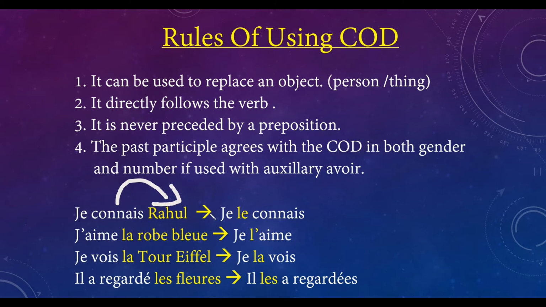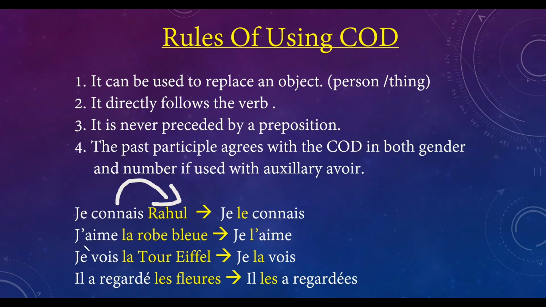Rahul is a person, and we used the COD for masculine singular to replace Rahul. It directly follows the verb. There is no preposition here anywhere you can see. It is never preceded by a preposition. Again, I'm stressing the same thing. You will never see a preposition when you are using a COD pronoun.